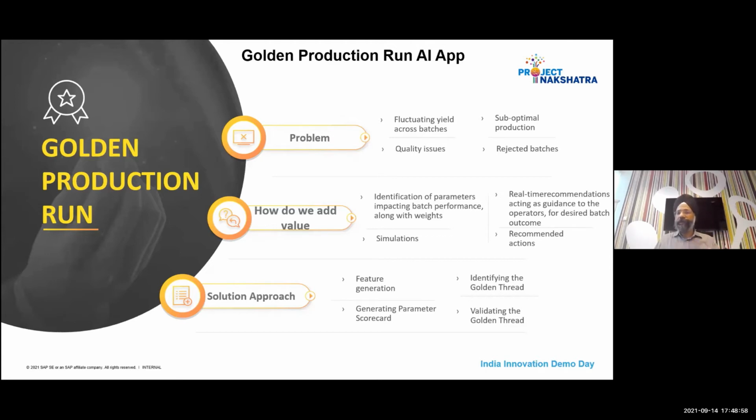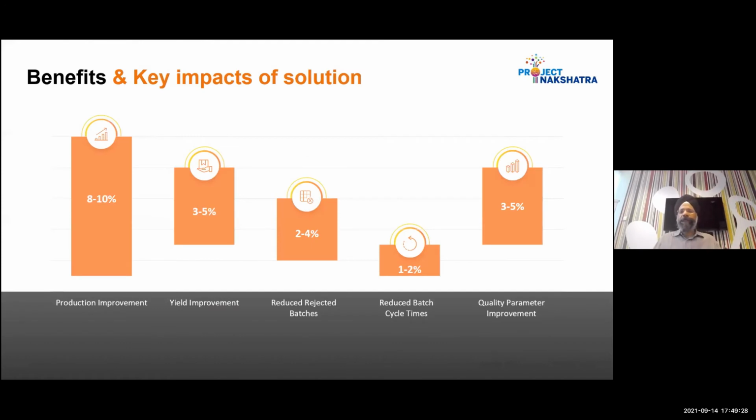We are obviously not the experts in your processes, so we work with your SMEs to go from the parameters our AI models have identified to the ones which are really the contributing factors from a process perspective, to come up with the golden thread and then validate it, so that it can run on a very consistent basis continuously. Typically, we've seen this deliver production improvements of about 8 to 10%.